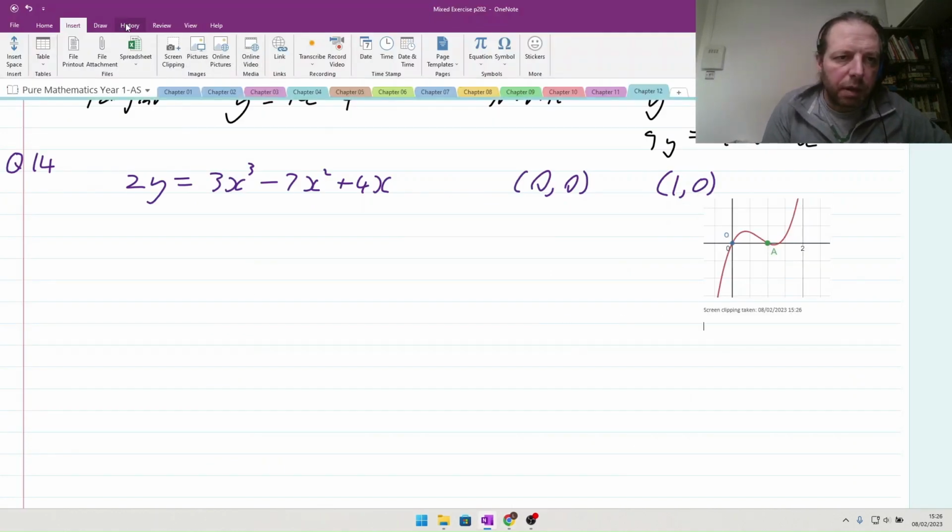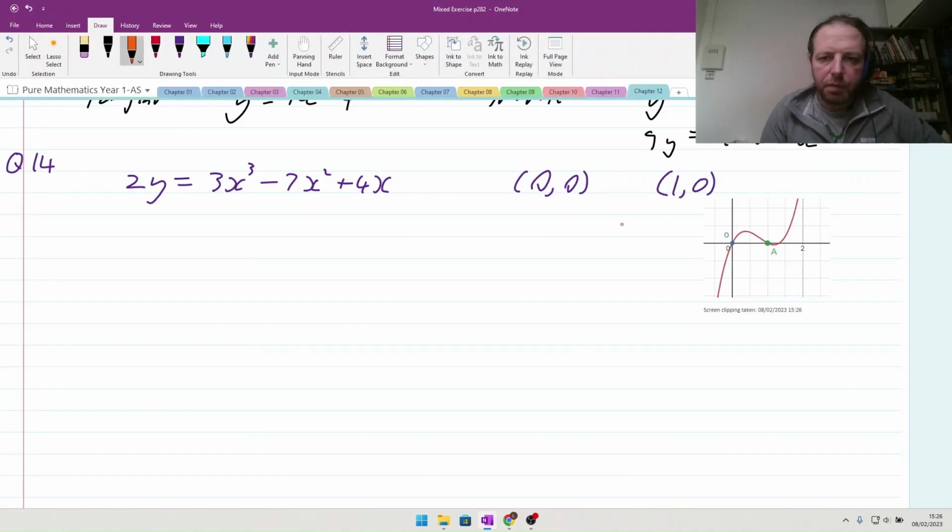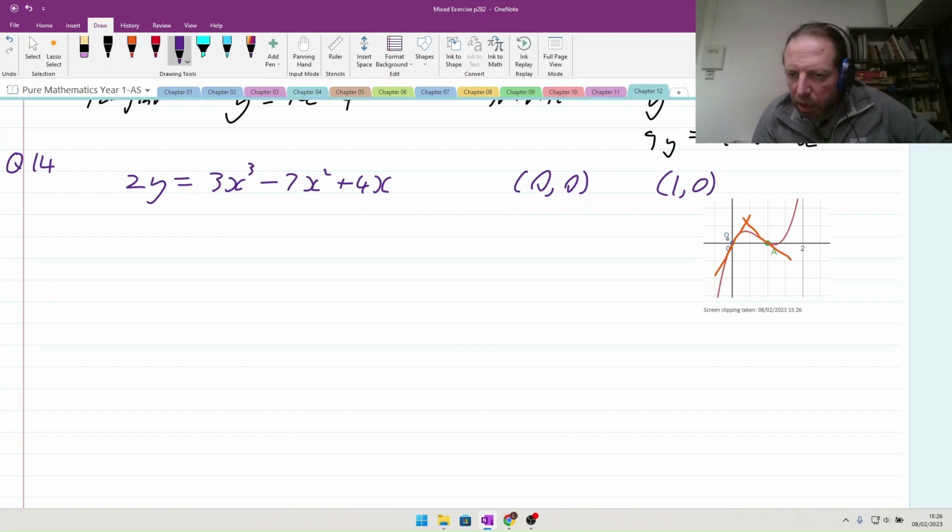So the tangent comes through here, and the tangent comes through here, and the normals are at 90 degrees. So this is what our final goal is going to be, something around the region of about 0.5 and minus 0.5.